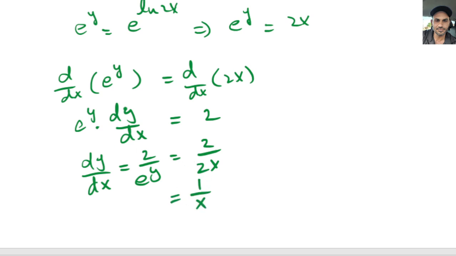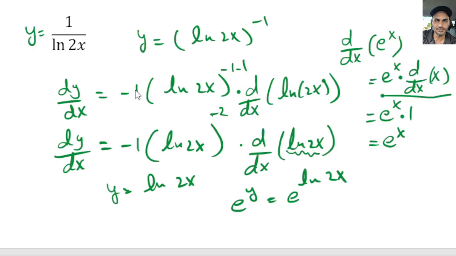Now we can go ahead and substitute here the derivative of ln of 2x, which is just 1 over x.